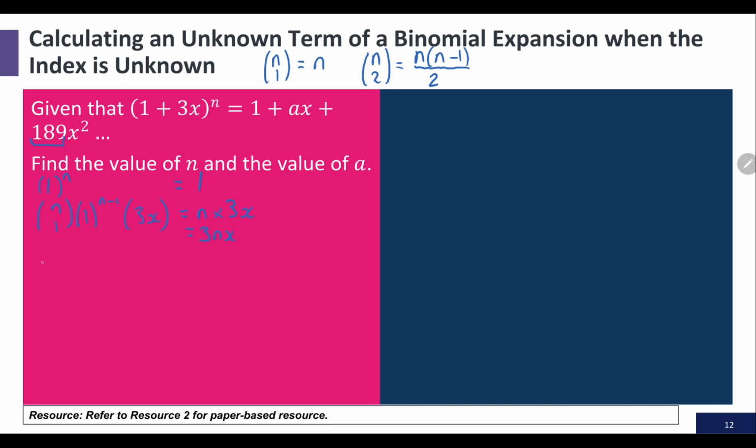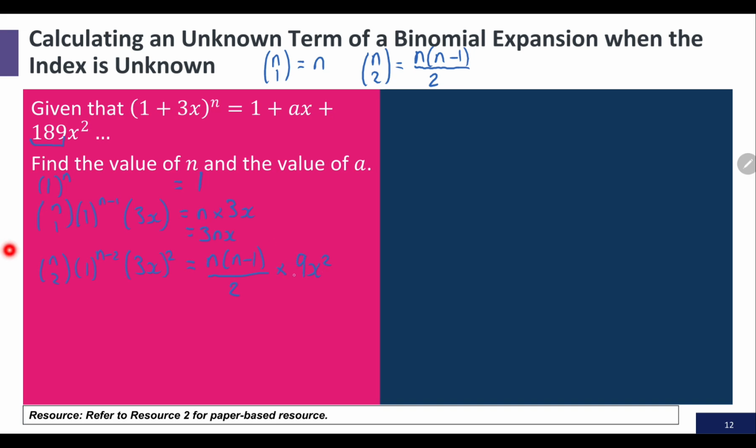But what about the next term? N choose 2, 1 to the n minus 2, 3x squared. What does that come out as? Well, n choose 2 is n(n minus 1) over 2. 1 to the n minus 2 is still going to be 1. And then 3x all squared is going to be 9x squared.